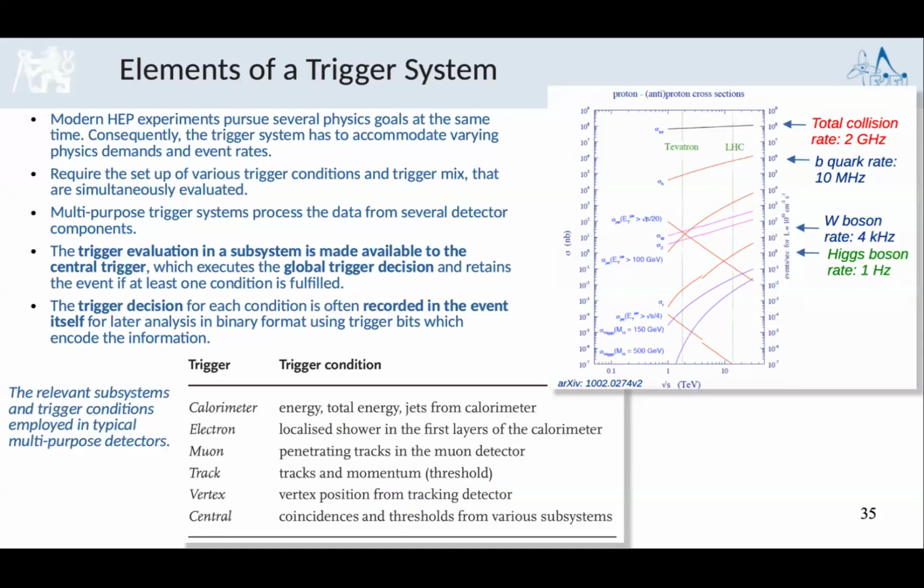This is a very complex task because you need to synchronize all your detectors to be able to correlate the information from all of them, even if they have different latencies, for example, and different kinds of information.